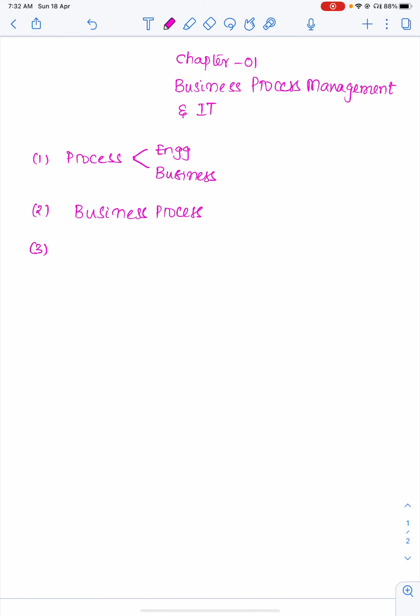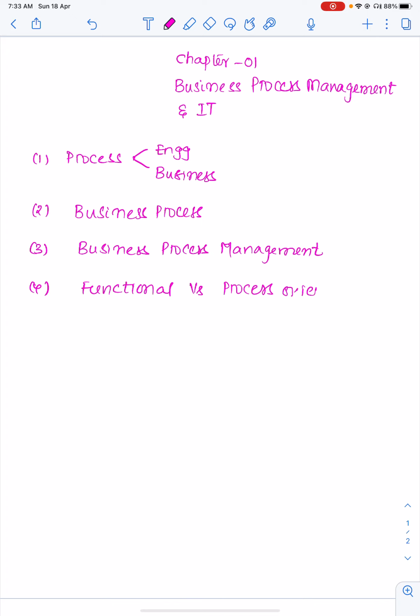Third, we'll study about business process management. And fourth, we'll study about the differences, like we have certain differences between functional versus process oriented. Fifth one, we'll study about classification of business process.